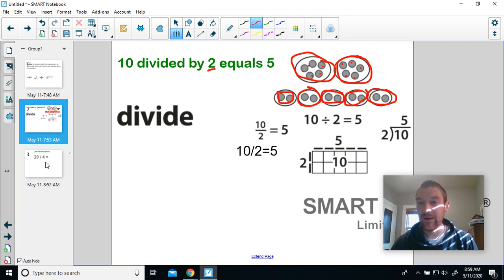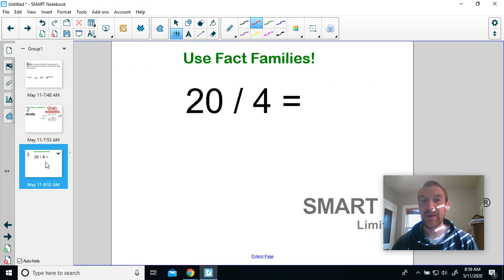So another way I like to think about division is I like to rely on my fact families. So if you remember, fact families are, if you use multiplication and division, you can write like 4 different equations using the same 3 numbers. So if I'm thinking about 20 divided by 4 and trying to figure out what that is, I could think about it like multiplication and think, okay, well, if I was trying to make 20, what number would I need to multiply 4 with?